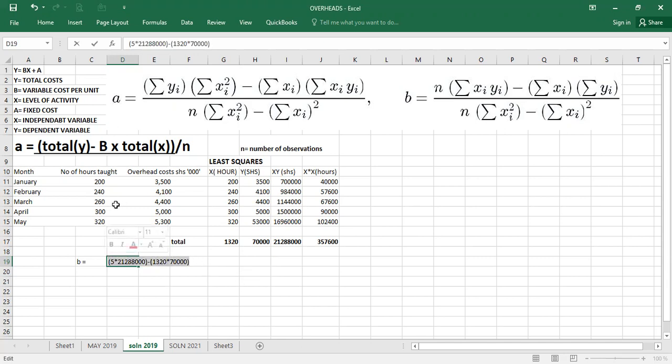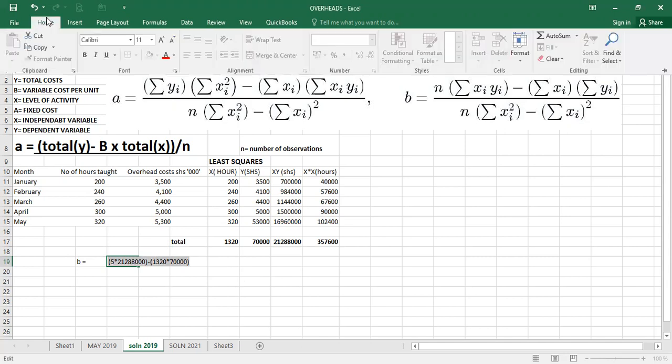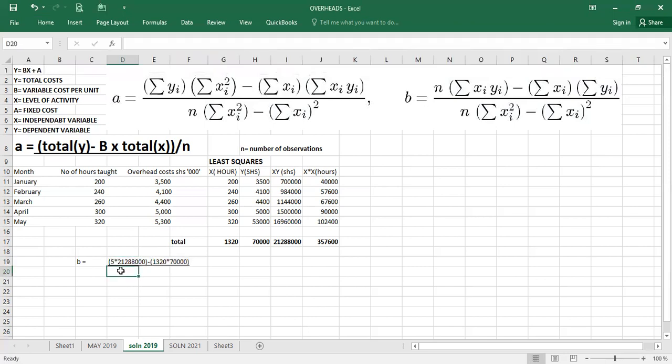Once all of that is over, our 5, multiply it with, then we open the brackets, and we say our summation x squared, which is 357,600, minus, this one we put in brackets, summation x bracket squared.